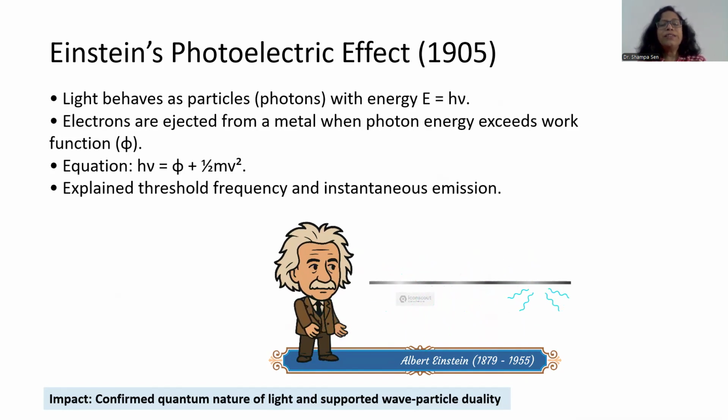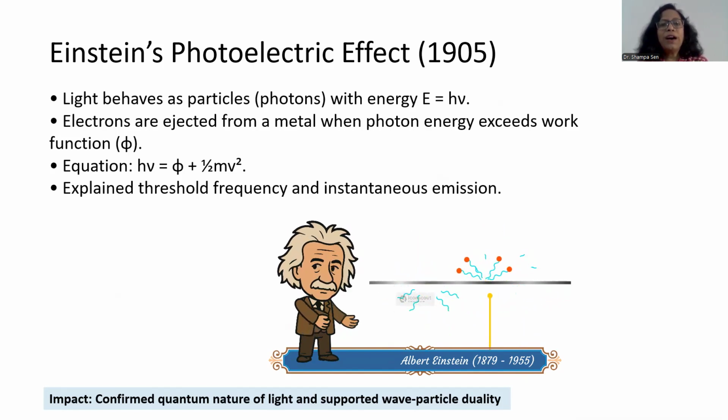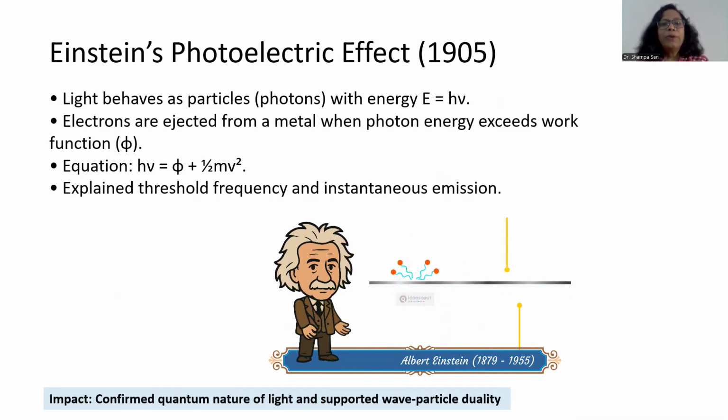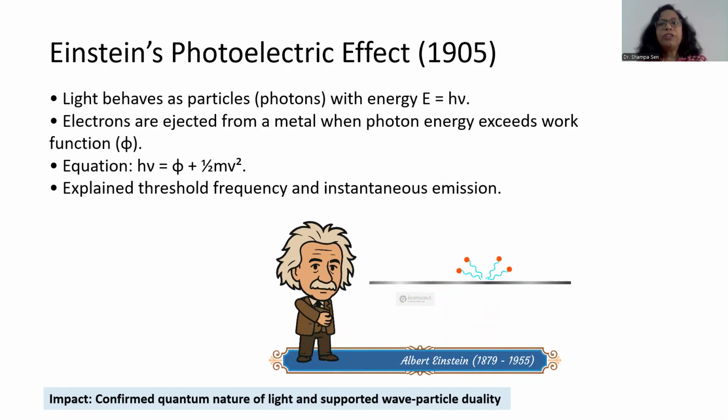So the equation is h nu is equal to phi plus half m v square. Phi is the threshold energy needed by the electron to leave the metal surface. His photoelectric effect theory explained threshold frequency and instantaneous emission. Its impact on the atomic model was that it confirmed the quantum nature of light and supported wave-particle duality.